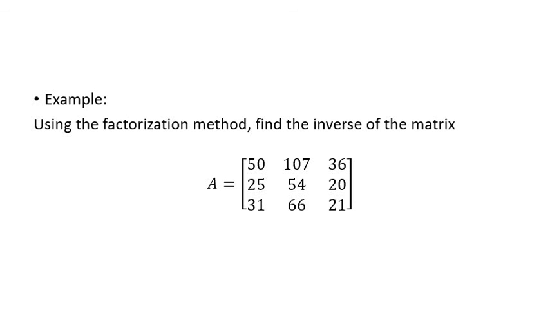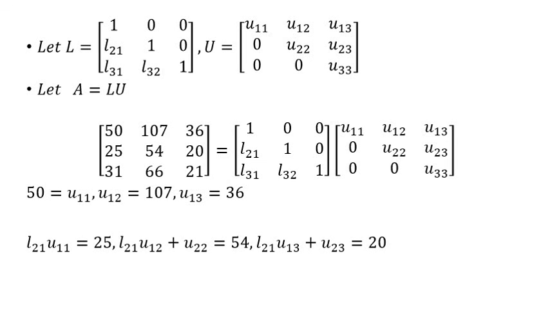So here let L equal to the lower triangular matrix 1 0 0; L21 1 0; L31 L32 1, and U equal to U11, U12, U13; 0, U22, U23; 0, 0, U33. Consider the equation A equal to LU, substitute A, and the RHS is L into U.